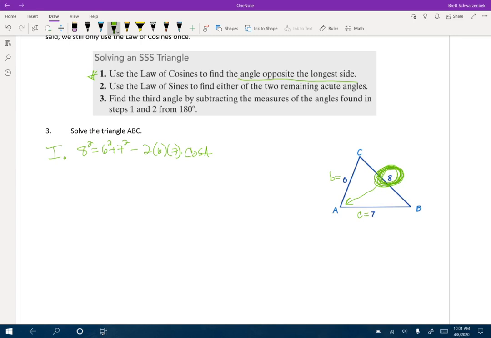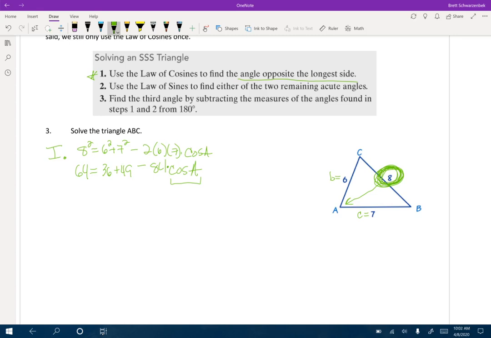So over here this time we're going to get 64. Over here we're going to get 36 plus 49 minus 2 times 42, which is 84 cosine of A. Okay, so this time we need to isolate this piece over here, so be careful. Remember, this 84 is on cosine A by multiplication, which means we cannot separate this 84 from this right now.